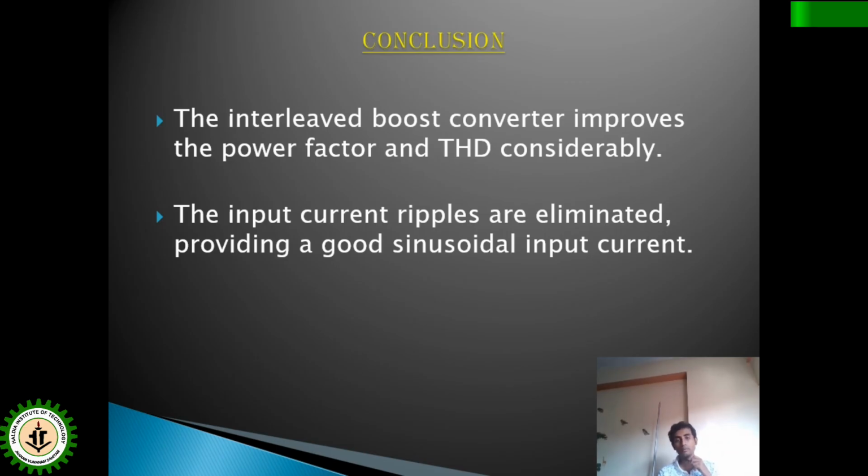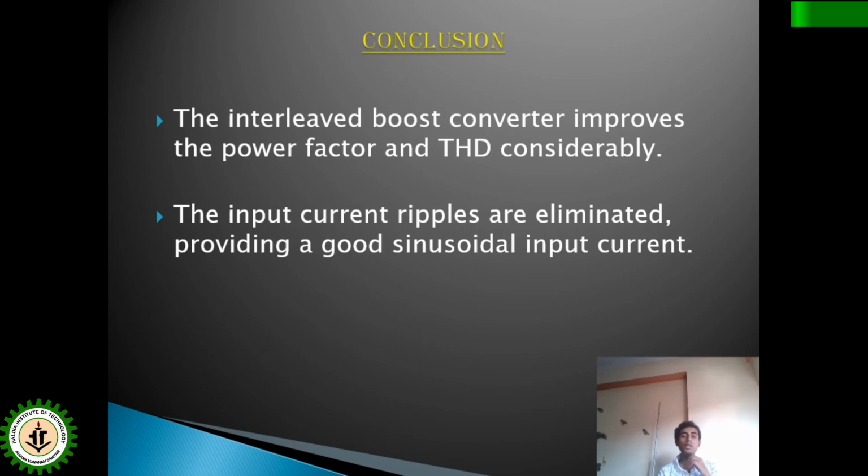And especially by using the interleaved boost converter, the total harmonic distortion is reduced, because by using a boost converter we are reducing the harmonics by making the current, which earlier was in the form of spikes and distorted, now sinusoidal on average. But the actual IL, after using only a boost converter, had some ripples.